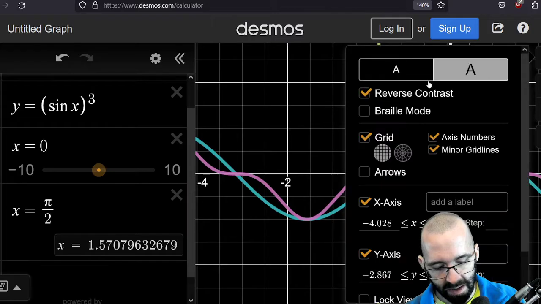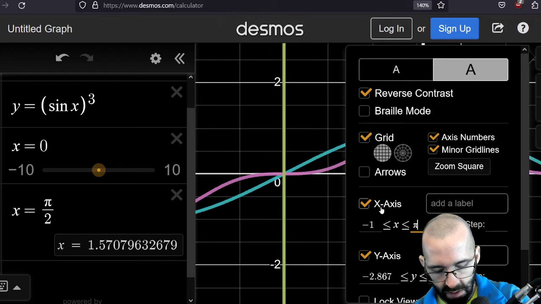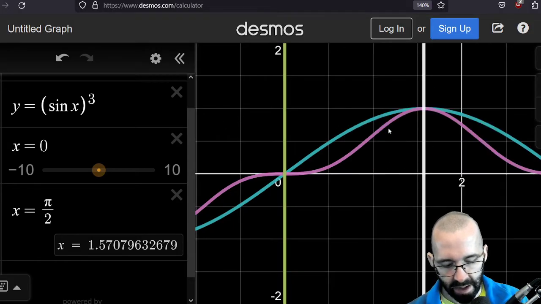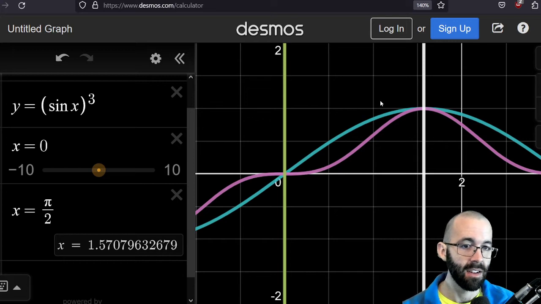And let's zoom in to make this a little easier to see. All right, so we're looking at the region between these 4 things. What is the region trapped between these 4 things? Okay.